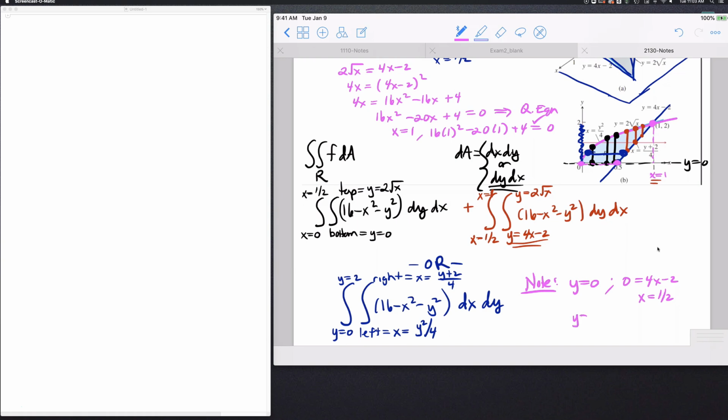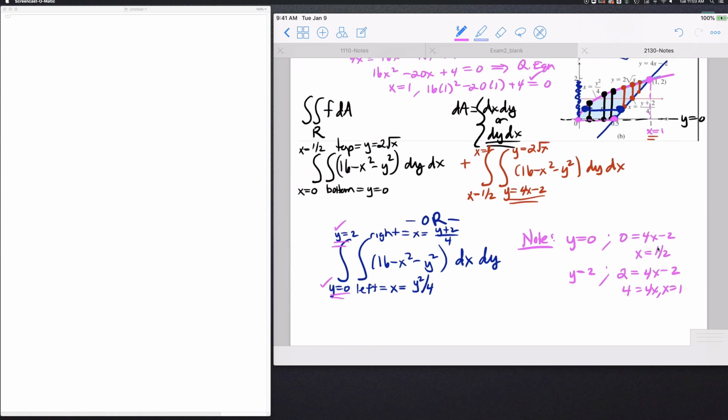But when y equals 2, you have the right upper limit, and you should get an x value of 1. If we check that, with y equals 2, 4x minus 2 puts us at 4 equals 4x, so x equals 1. So we know we have the right y region here with a little bit of algebra.